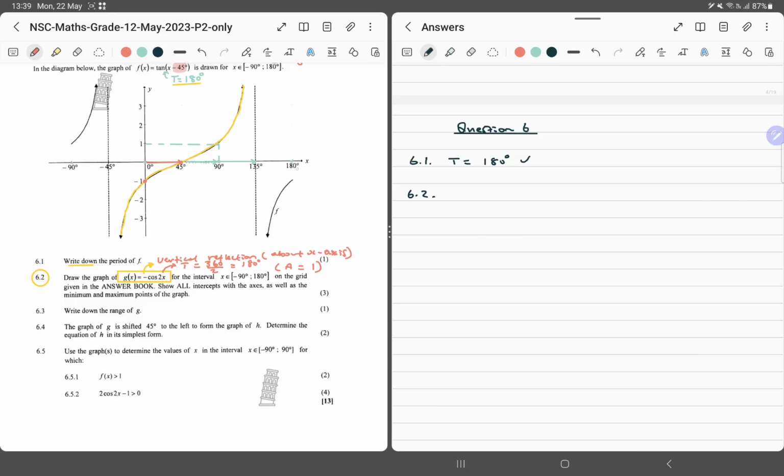Because there's a 2 there. So at 180, it's going to happen now at 90 degrees, right? So that is -1 at 90. But because of the negative, it becomes a +1. So it goes there, all right? So I hope you guys are following, right? If you're not, please watch some of the videos I've shown you already before on these functions.